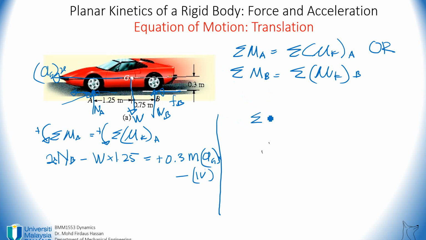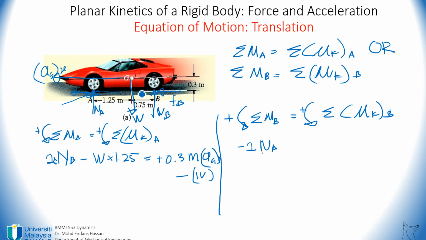So summation of moment at B, only two forces involved, W and NA. So NA will create, referring to point B, a clockwise moment. So it will give you negative. The distance is 2 meters times NA.